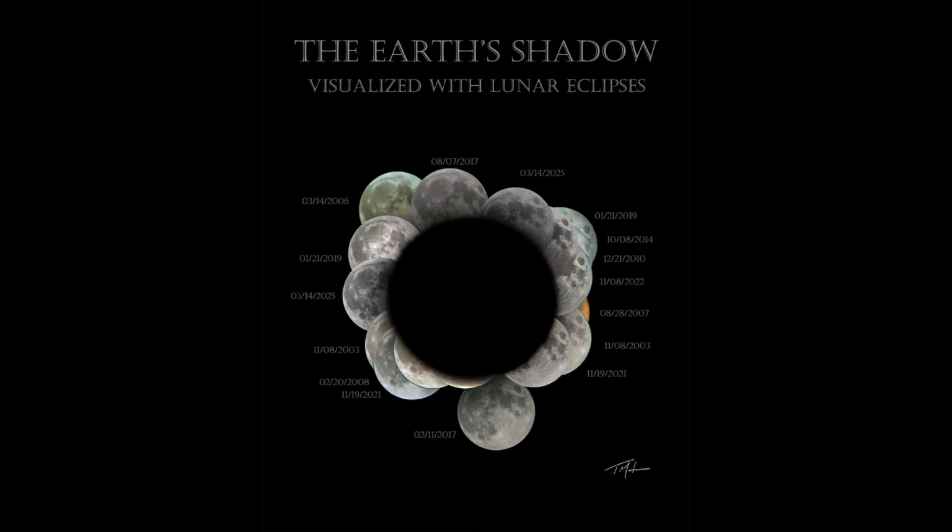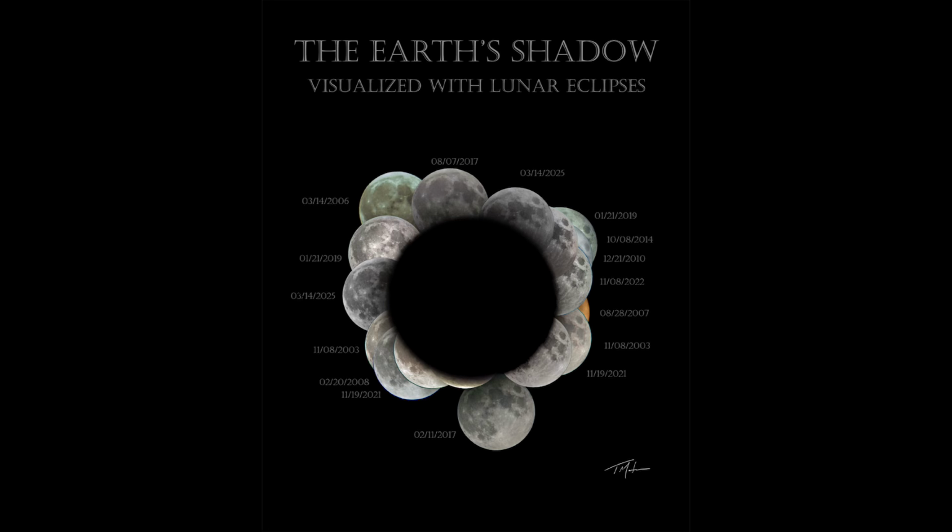Now we do have another lunar eclipse coming up this week, and in fact on the evening of August 27th into the morning of August 28th, depending on exactly where you are, there is a chance to be able to see an almost total lunar eclipse. Not quite total.